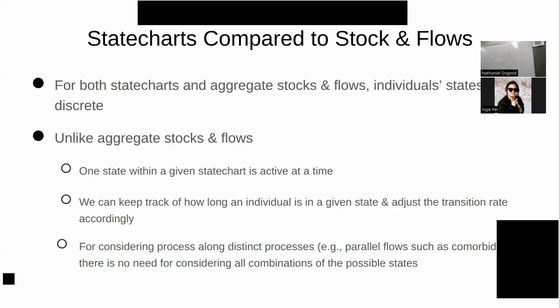But beyond that, we can keep track of how long an individual, for example, is in a state and have them chance of leaving, for example, or chance of something happening, depending on how long they've been. That's not possible, let's be clear, in a stock and flow model.